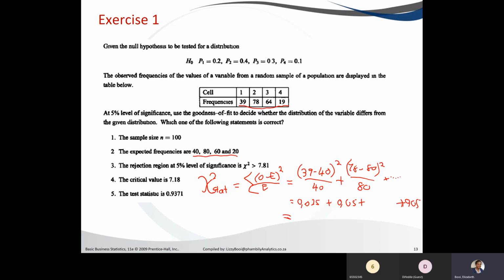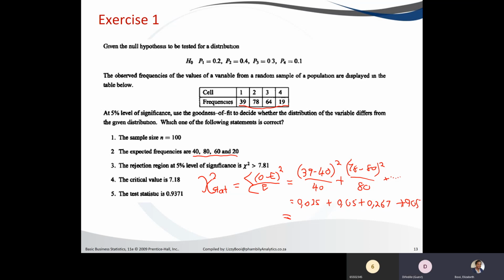64 minus 60 squared divided by 60 is 0.2666. Let me just leave it to 0.267. So 0.025 plus 0.05 plus 0.267 plus 0.05 equals.